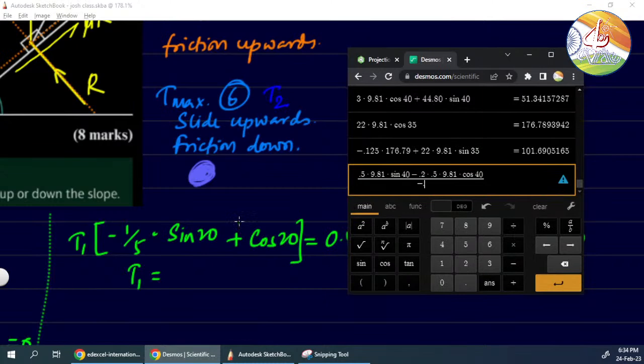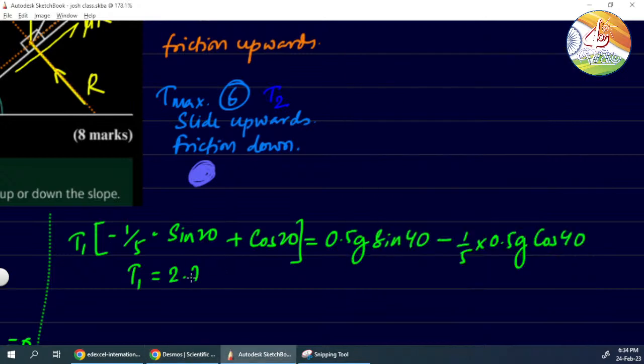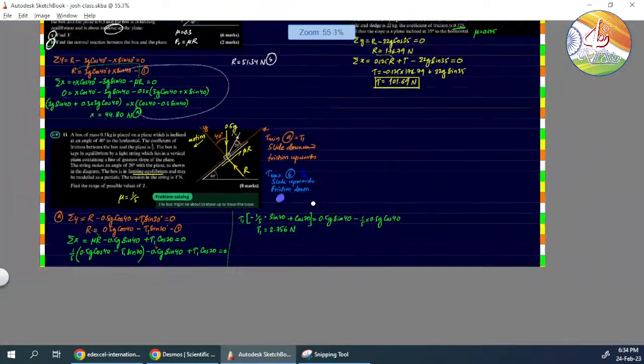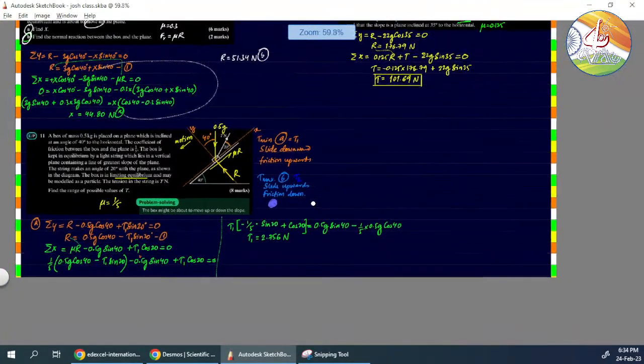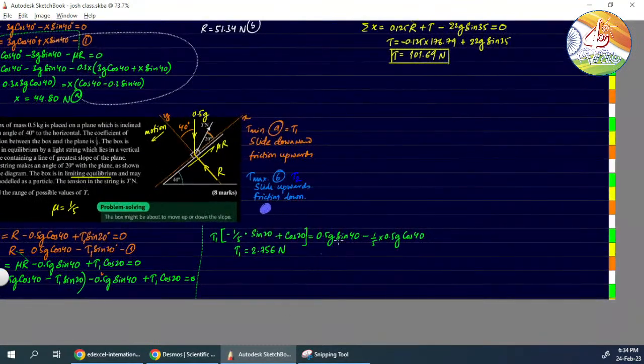So minus 1 by 5 is 0.2 into sine 20 plus cos 20, that is 2.756 in newtons. Okay, so T1 is the minimum value of T. Next, we have to take B bit.